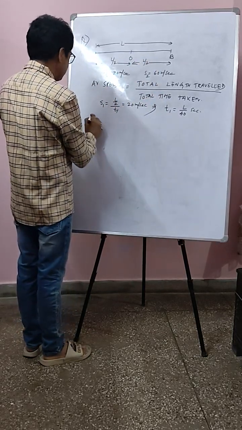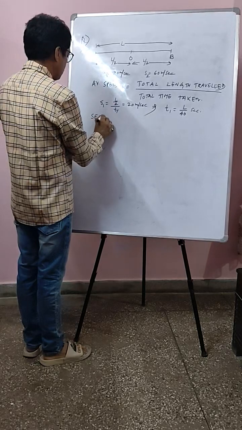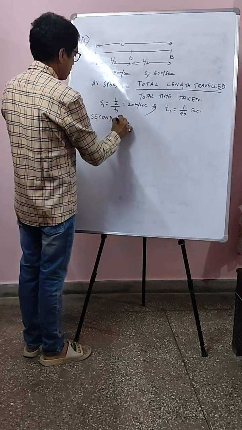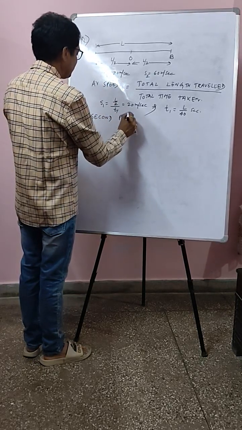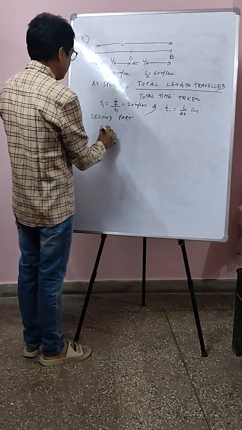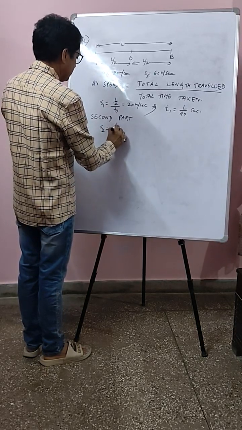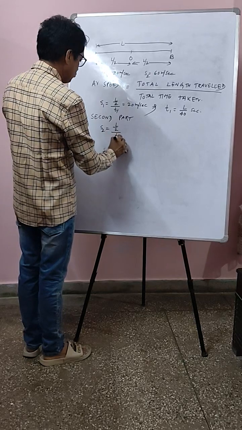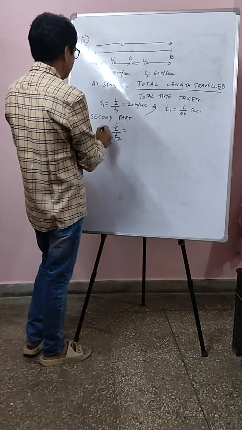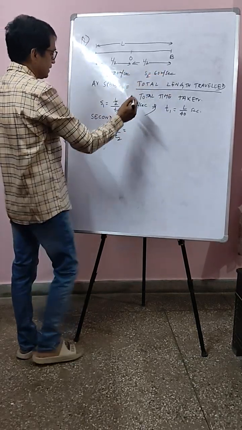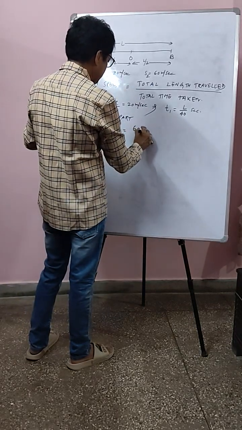Now for the second part, S2 equals L upon 2 upon the speed. What is the speed for the second half? It is 60 meters per second.